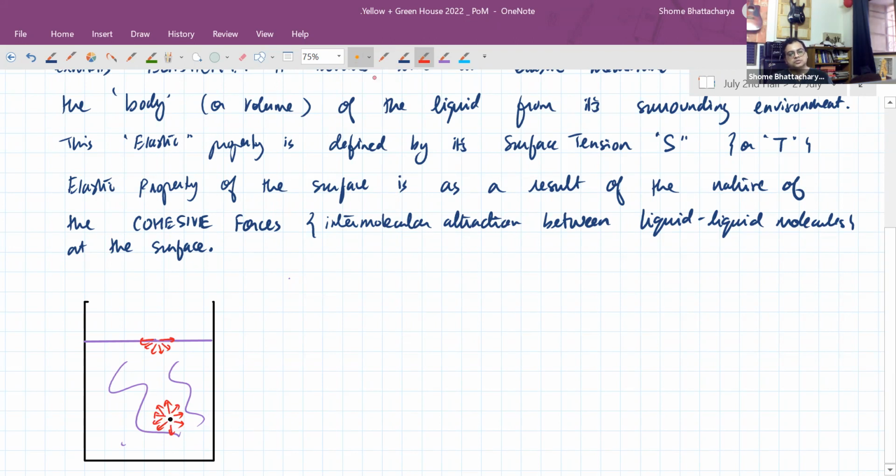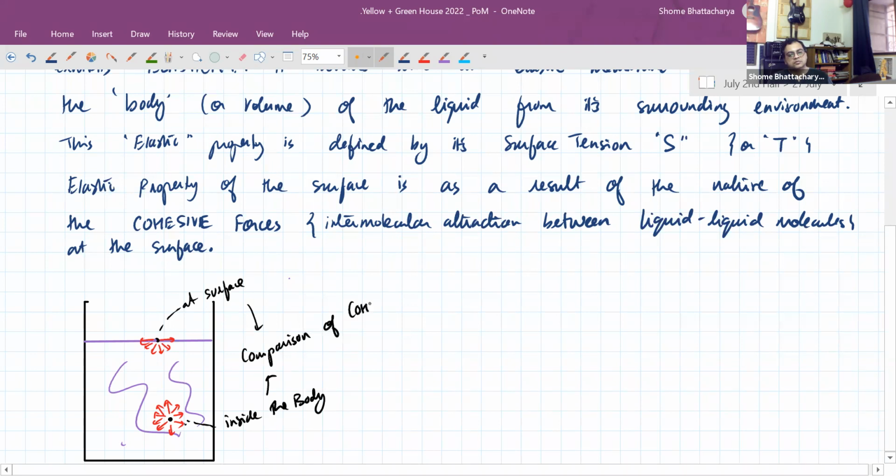Okay, so this is a comparison between a molecule at a surface and inside the body of the fluid. This is the comparison of cohesive forces.